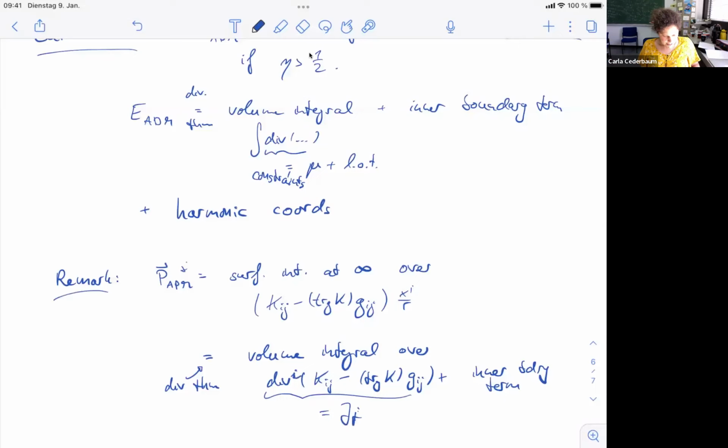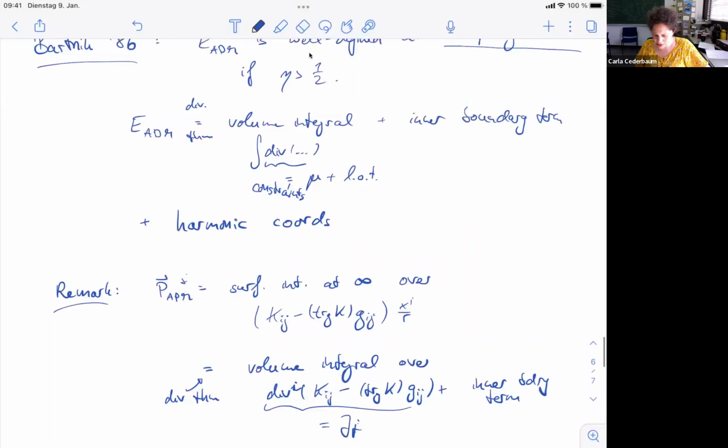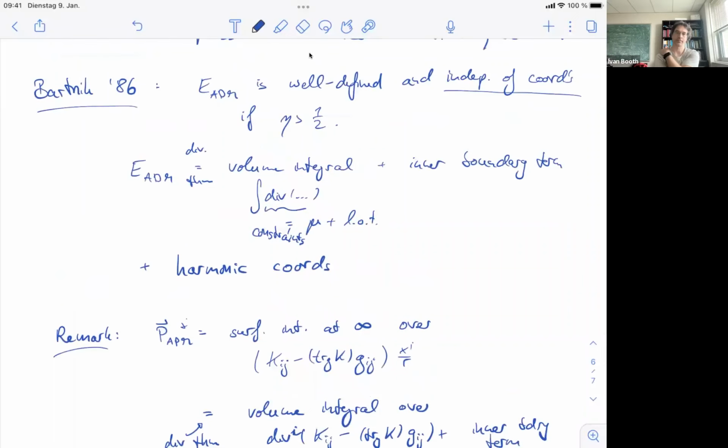Okay. We got one question here. Sure. Harry asks, could you explain the significance of Bartnik's result again? So the significance of Bartnik's result is that this term that was defined via Hamiltonian systems analysis and results in these surface integrals at infinity is first of all actually converging to a number for each asymptotically Euclidean coordinate chart with eta bigger than 1/2.